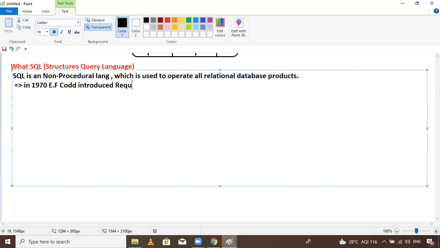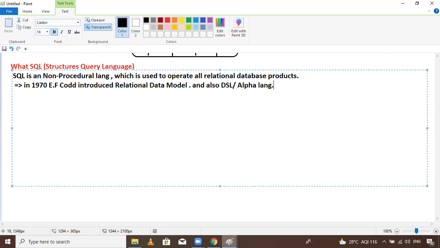So write it. Introduced relational data model, and also DSL Alpha language.